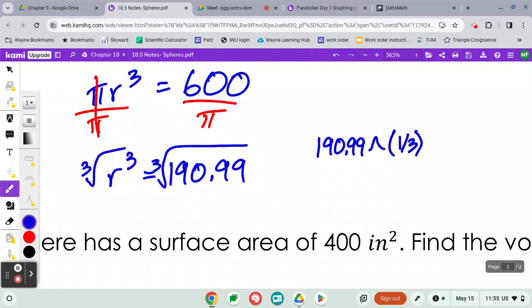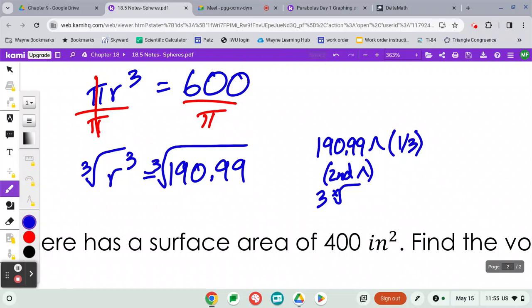Okay, the other option, right where that caret key is, if you type it in like this, if you put 3, and then if you hit second, like that, okay? Second, and then hit that caret key, this will pop up. What that means is you have to have the 3 first.